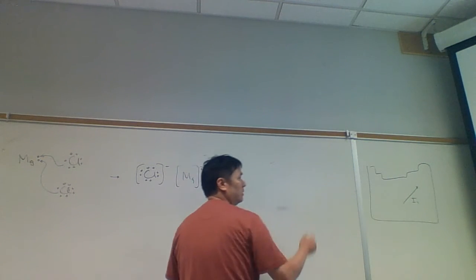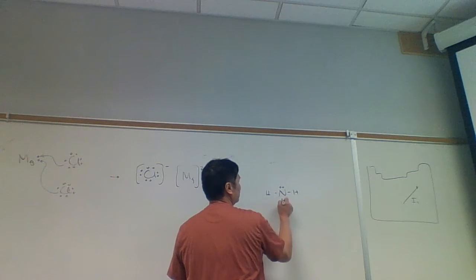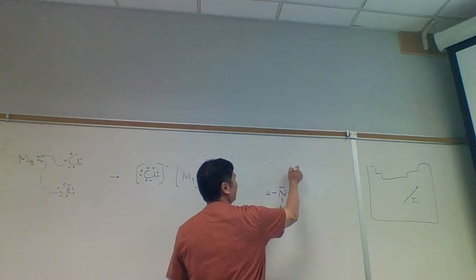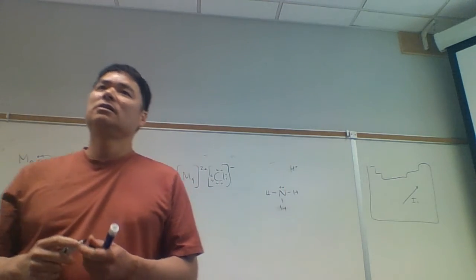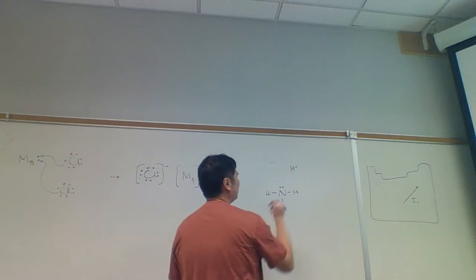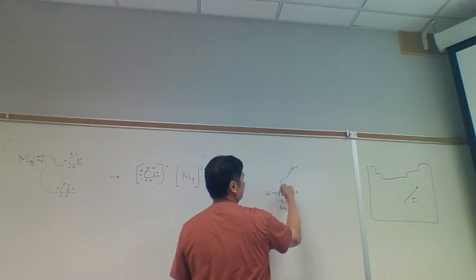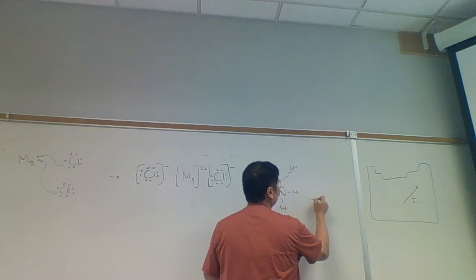So, for example, in ammonium, we have ammonia, which has a Lewis structure like this. And then we have an H+. H+ doesn't have any electrons to share. But there's still an attraction here, so this lone pair will bond there, and what results is a coordinate covalent bond.